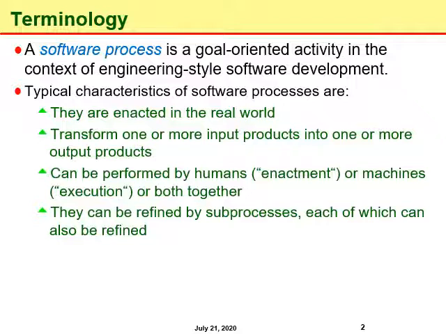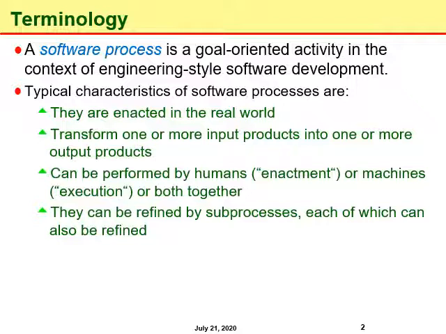A software process is in fact a goal-oriented activity in the context of engineering style software development. The typical characteristics of software processes are, first, that these processes are enacted in the real world, that is, they are performed in the real world. Then they usually transform one or more input products into one or more output products by consuming further products.